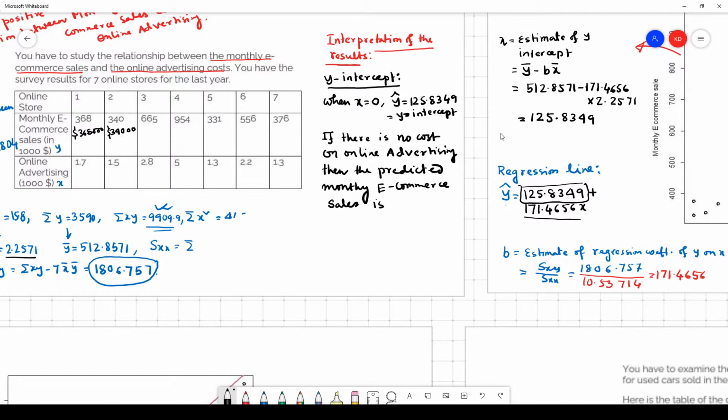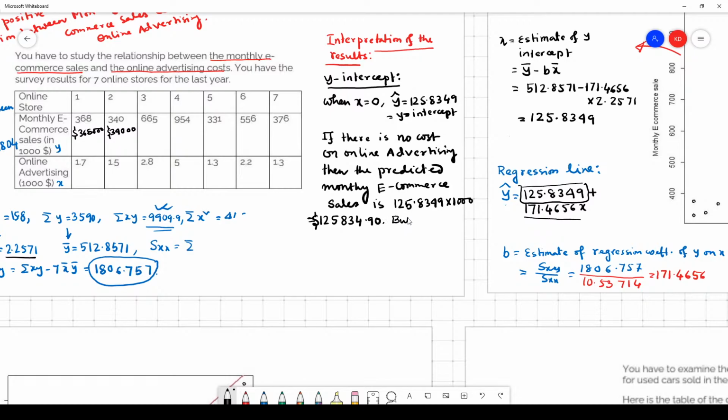Okay. So y hat is a predicted value; the intercept is the predicted value when x is 0, that means there is no cost on online advertising, then the predicted monthly e-commerce sales is $125,834.90. But it is meaningless.